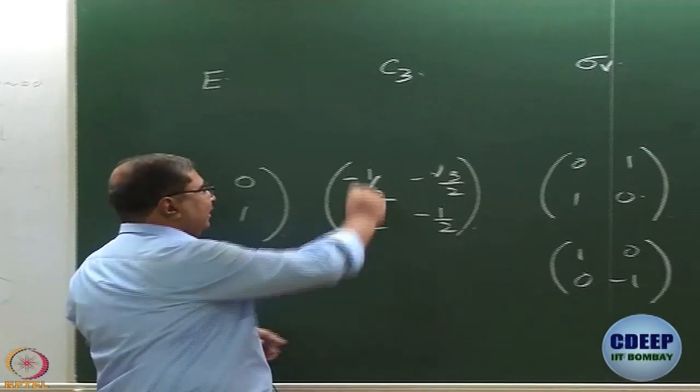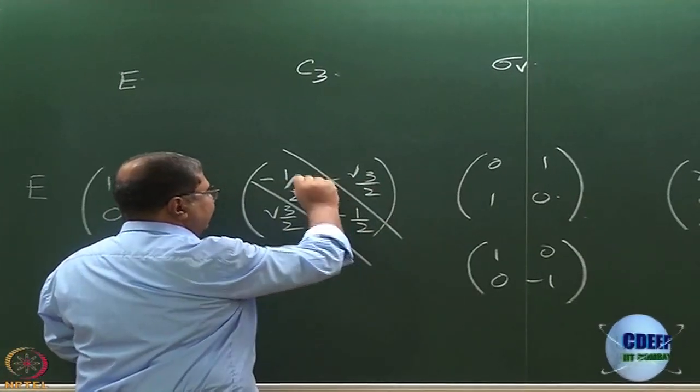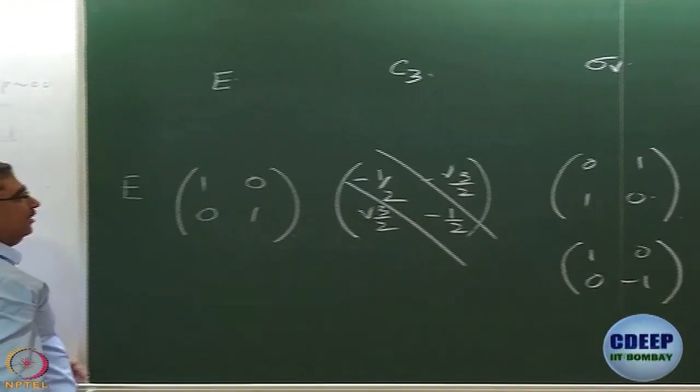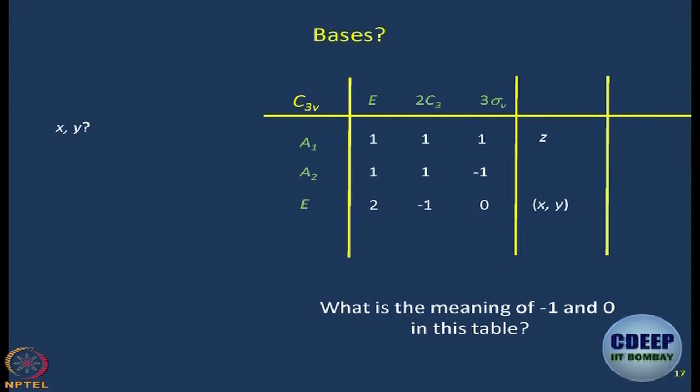What is the character? This plus this, minus half plus minus half, that gives you minus 1. So, this minus 1 that we see does not really have the same implication as the minus 1 that we see here. Even though the numbers are the same, the implications can be different depending on the dimensionality of the matrix. That is something that is important to understand.